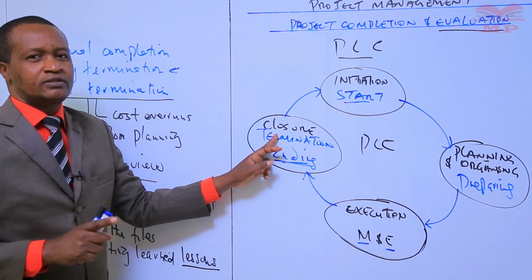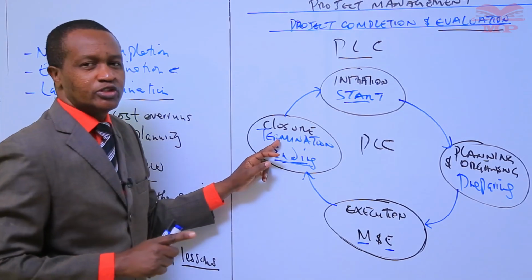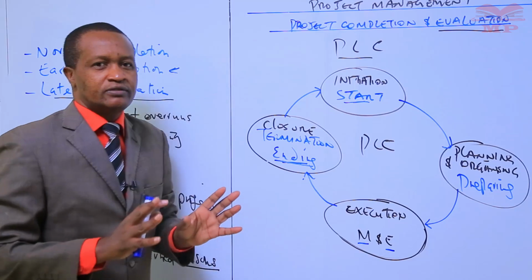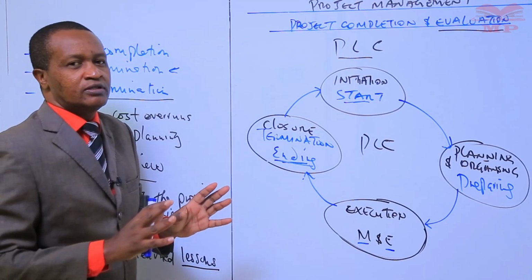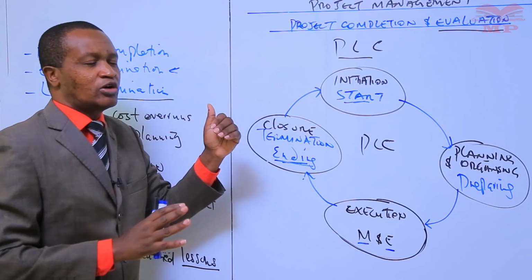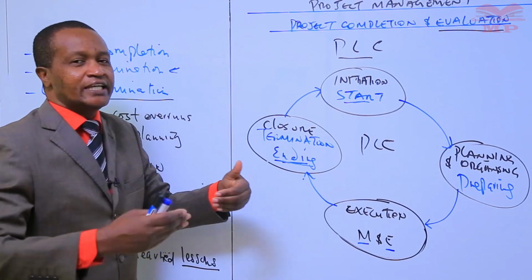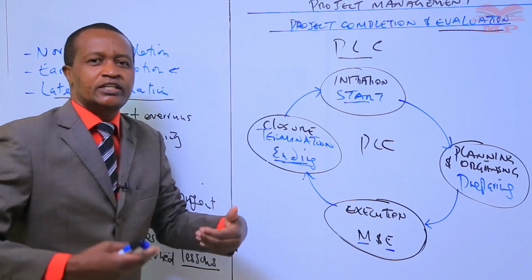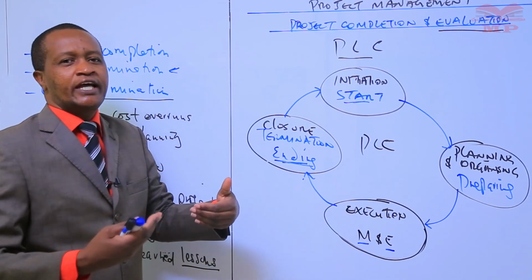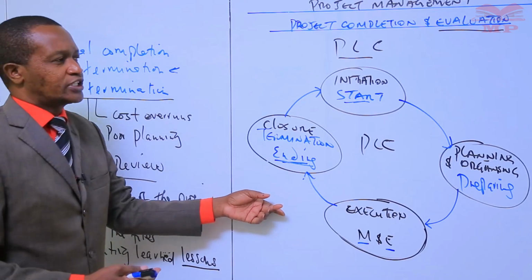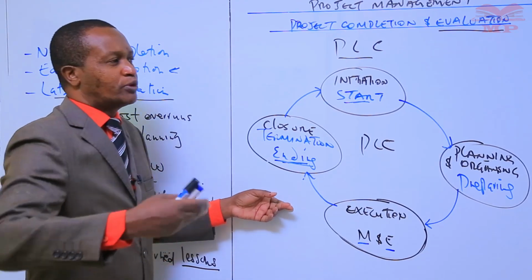All right? The project manager must also ensure that there is also contract closure. Contract closure means completing and settling each contract, including the resolution of any open items, and also closing each contract applicable to the project.